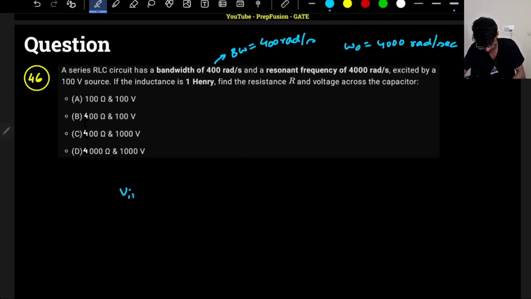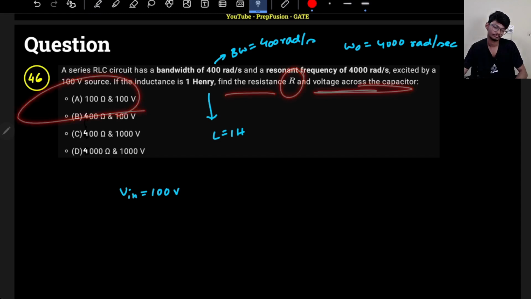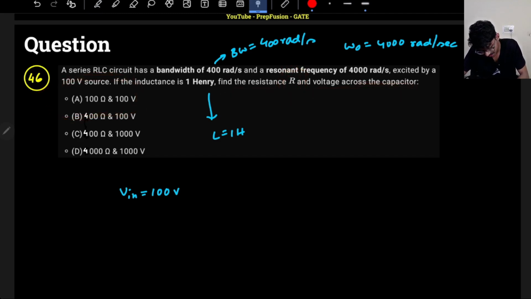So the input source is 100 volts. If the inductance is 1 Henry, find the resistance R and the voltage across the capacitor.